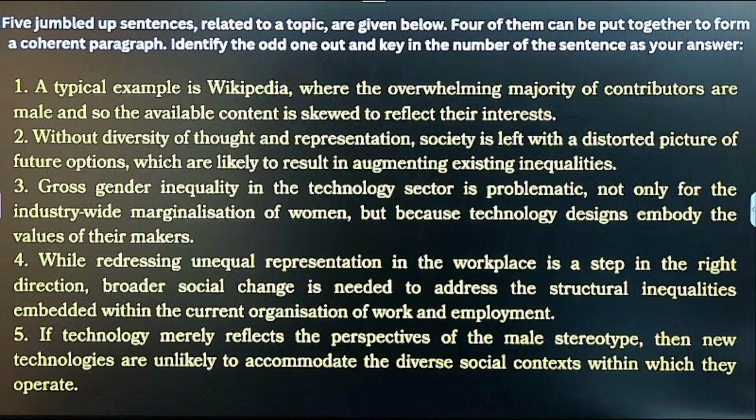So I hope you have done this question. Shall we discuss? Or you need more time? So what's the answer to this question? Or are you still solving?